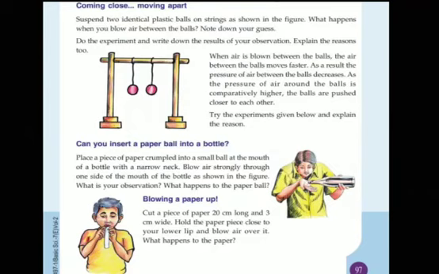Instead, the flame comes closer to the funnel. This is because when you blow the air through the funnel, the air there moves faster. As a result, the air pressure decreases, and this makes the flame come close to the funnel.